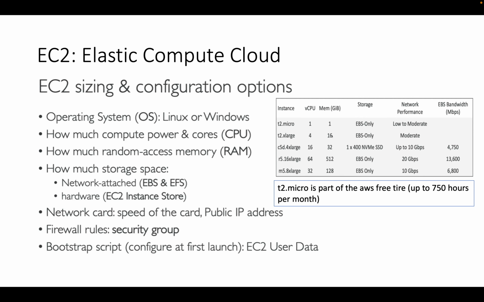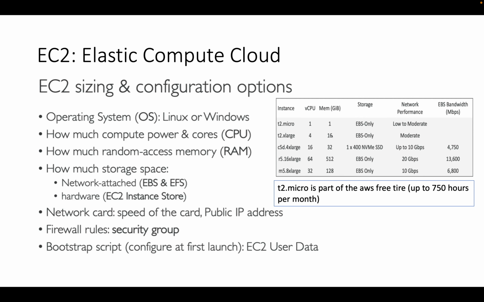Alright, so this is the main idea, the main components that we are looking for in the EC2 instance. An EC2 instance has a network card, speed of the card, public IP address, and firewall rules, which is the security group that we learned a bit earlier.